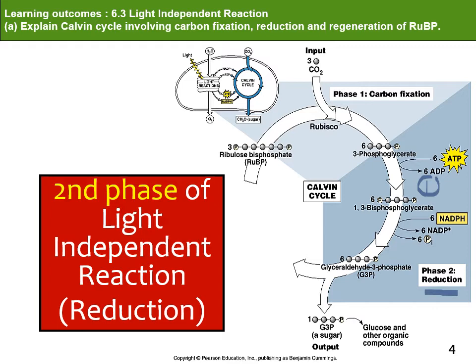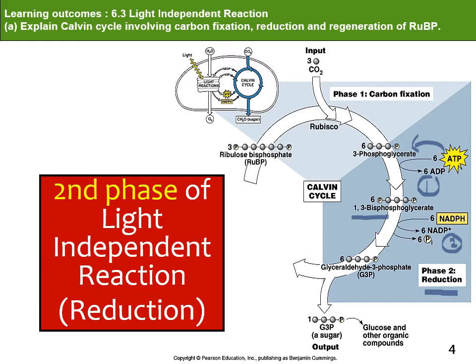So the ATP will pass the phosphate group to 3-phosphoglycerate to form 1,3-bisphosphoglycerate.